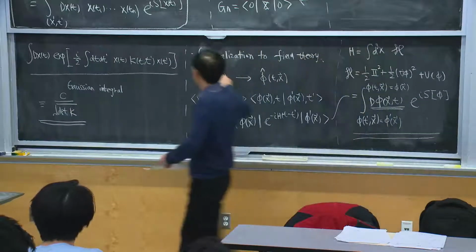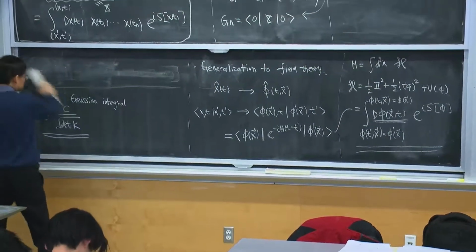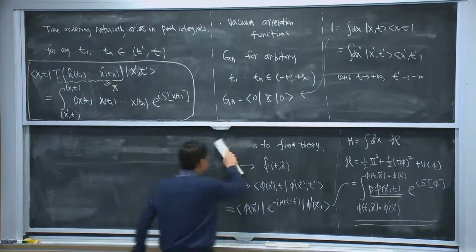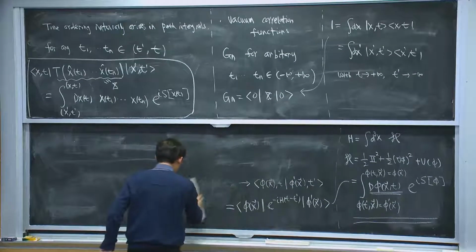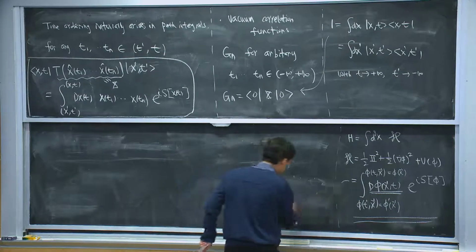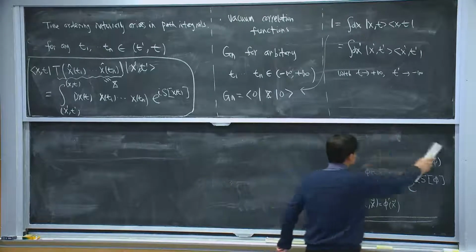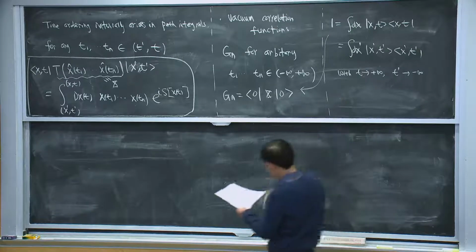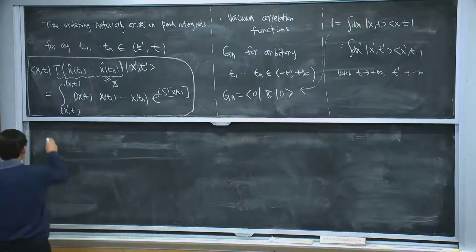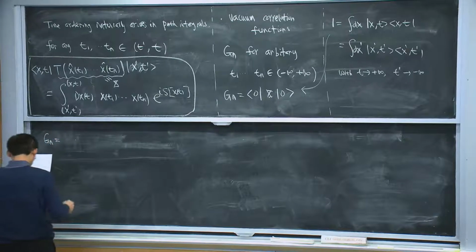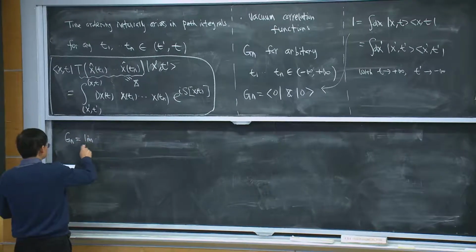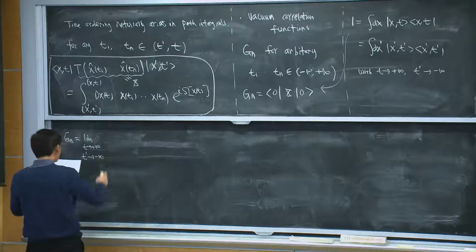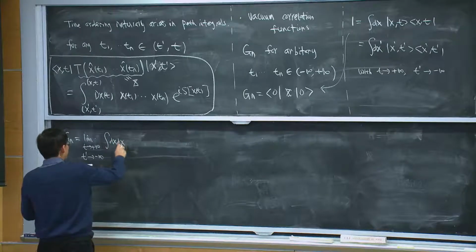So if we do that, this trick is general and does not restrict to the vacuum. In any case, you can evaluate in any state and reduce it to the path integral by doing this trick of inserting these states. So then Gn is equal to, taking the limit t goes to plus infinity, t prime goes to minus infinity, the integral dx prime dx.